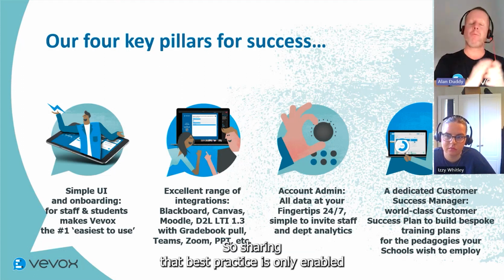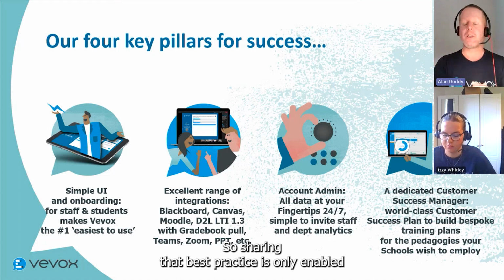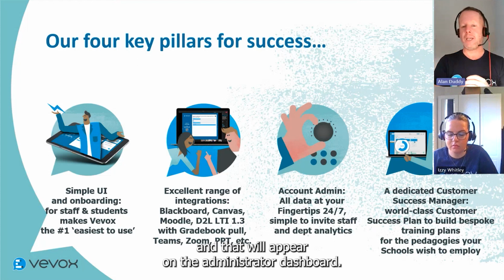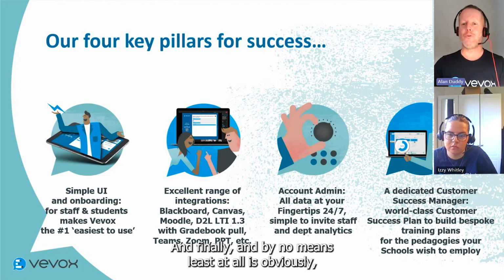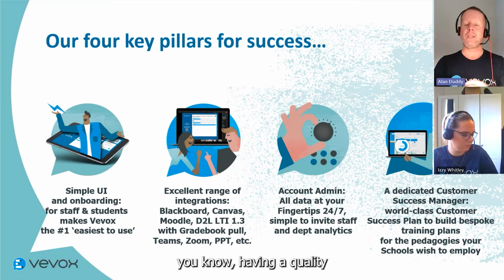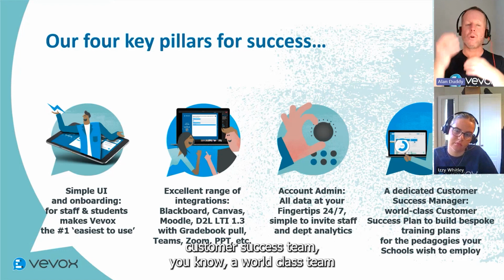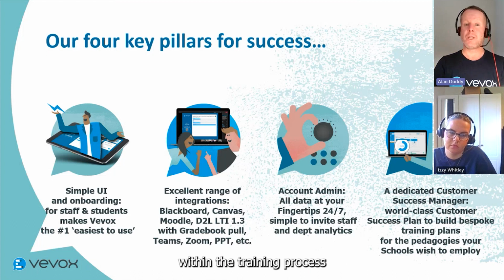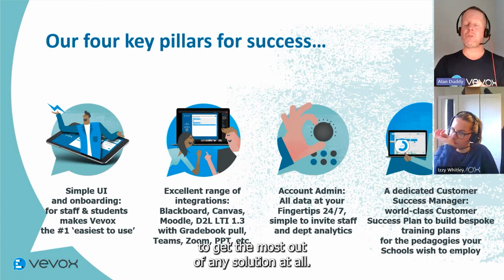So sharing that best practice is only enabled if you know who your champion users are, and that will appear on the administrator dashboard. And finally, and by no means least at all, is obviously having a quality customer success team, a world-class team that can bespoke and refine those pedagogies and workflows within the training process to get the most out of any solution at all.